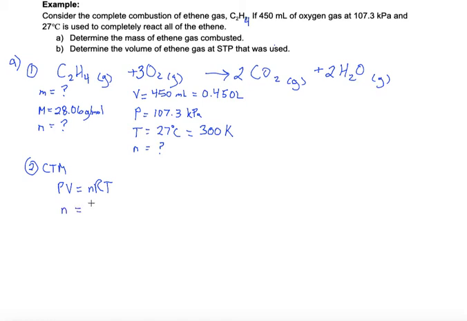So when we rearrange to isolate n, we're going to get PV divided by RT. And now we just sub in those values. So 107.3. The volume is 0.45. R is 8.314.